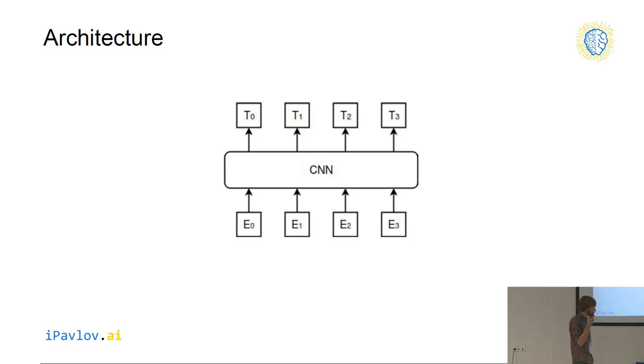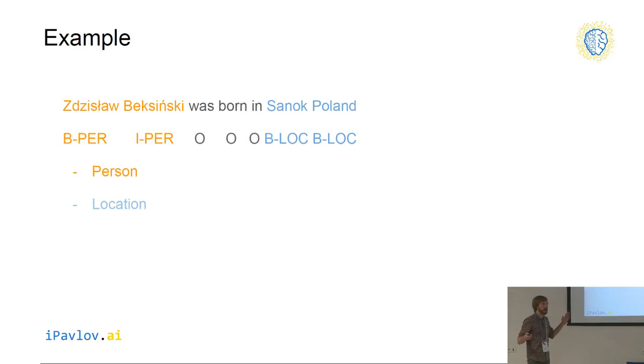B stands for beginning. If you have, for example, a person whose name is Zdzislaw Beksinski, it's a single person, and you want to extract this person as a single chunk of data.